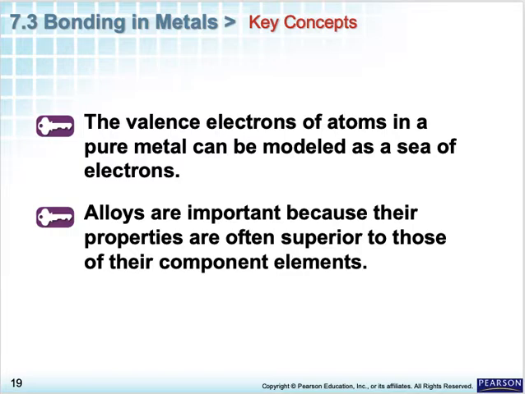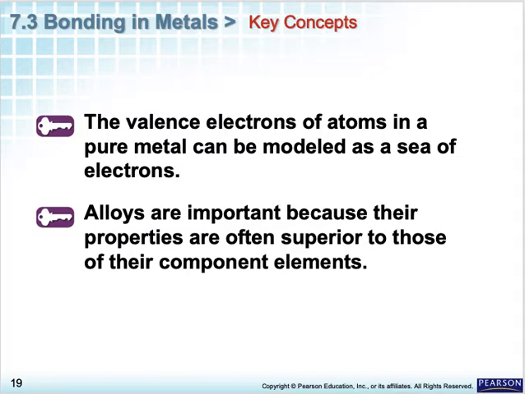And so you might want to also remember or write down an example of each. So an interstitial would be carbon steel, and a substitutional would be brass, because the two atoms are the same size.